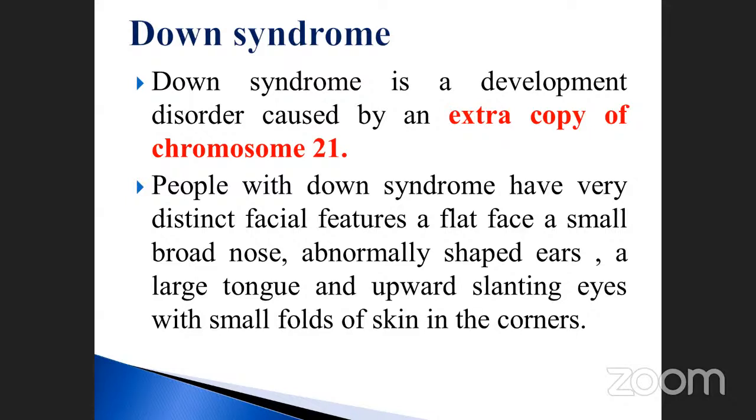A flat face, a small broad nose, an abnormally large tongue, and upward slanting eyes with a small fold of skin in the corners. These are all the symptoms of Down syndrome. See the diagrams, see the slide, you can easily identify it.